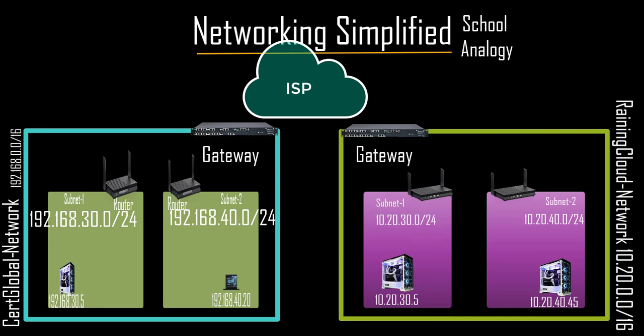So it's the gateway that sends the traffic out of your network. This traffic can be going to another company like Raining Cloud or to the internet. So if you're sending emails, chatting with somebody, it's still going out through the gateway. At your home, your gateway is a router itself.